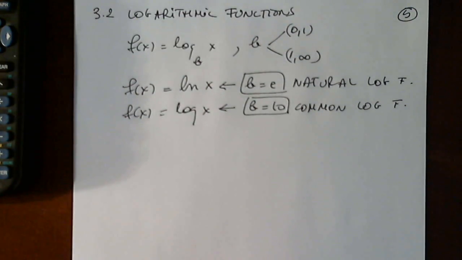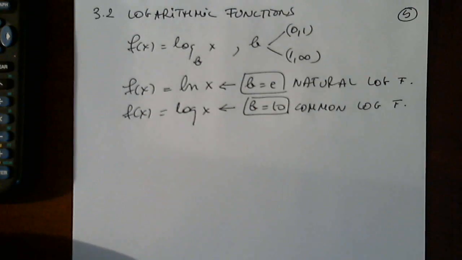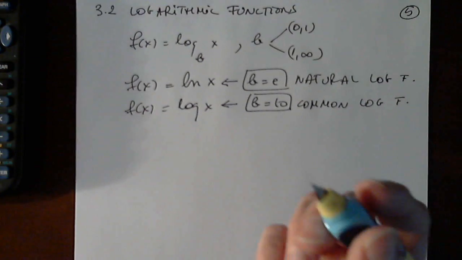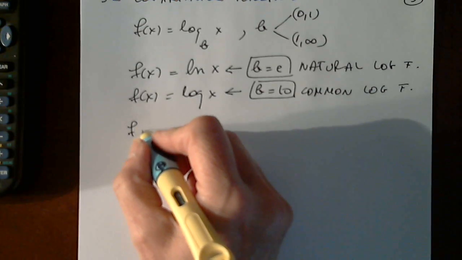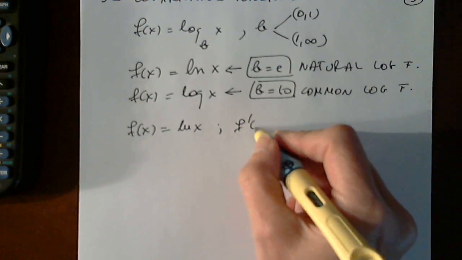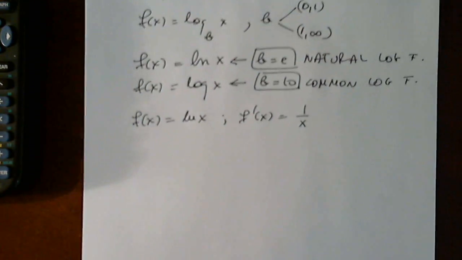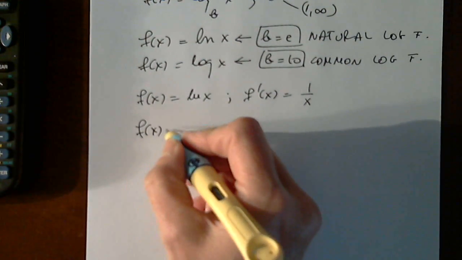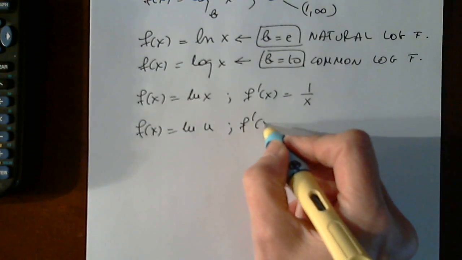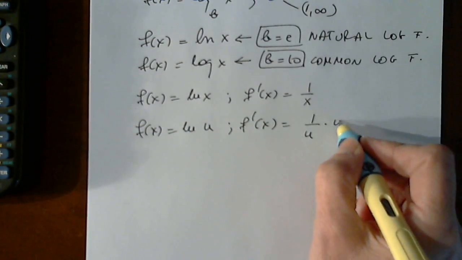Okay, I'm going to go directly to the derivative. So f of x equals natural log x, f prime of x equals 1 over x. And of course, if we have natural log of a function of x, then f prime of x will be 1 over u times u prime.